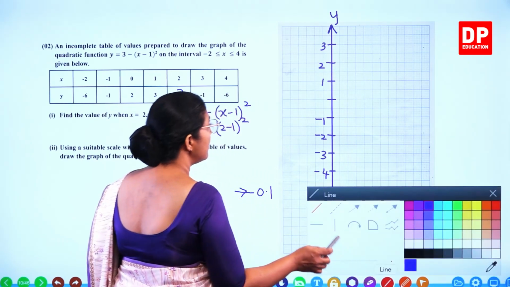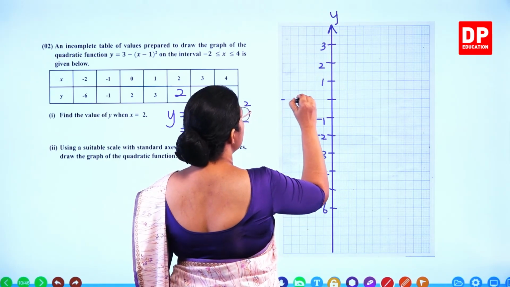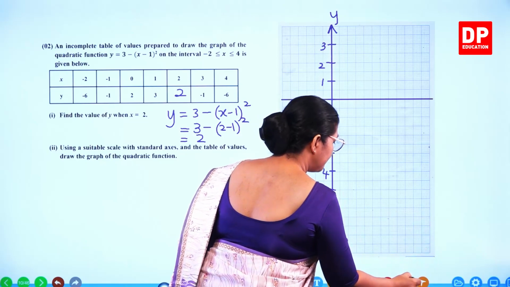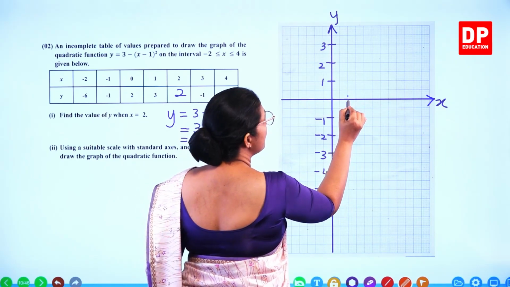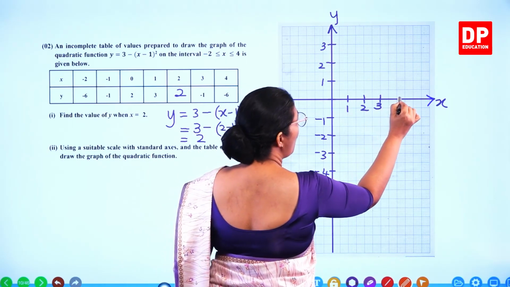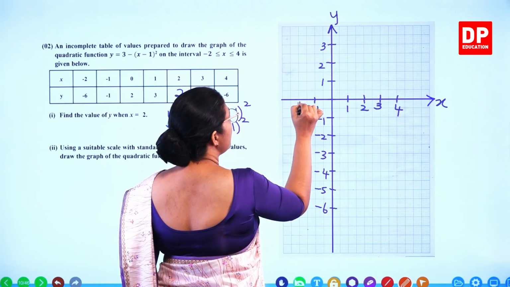Let's draw the x-axis here. Now you can put the numbers 1, 2, 3, 4, and here -1, -2.